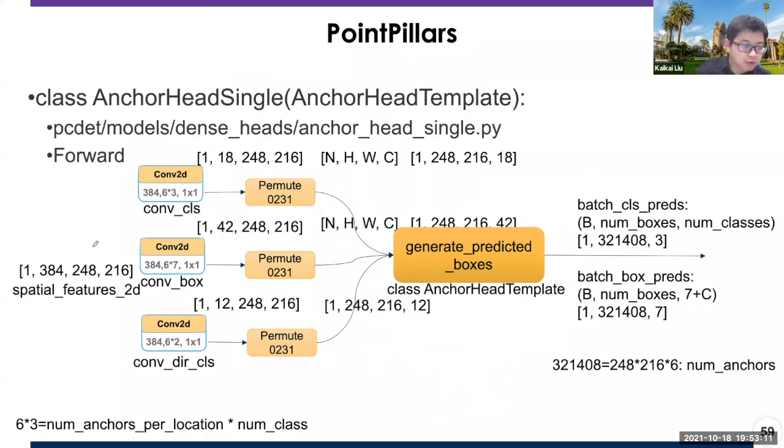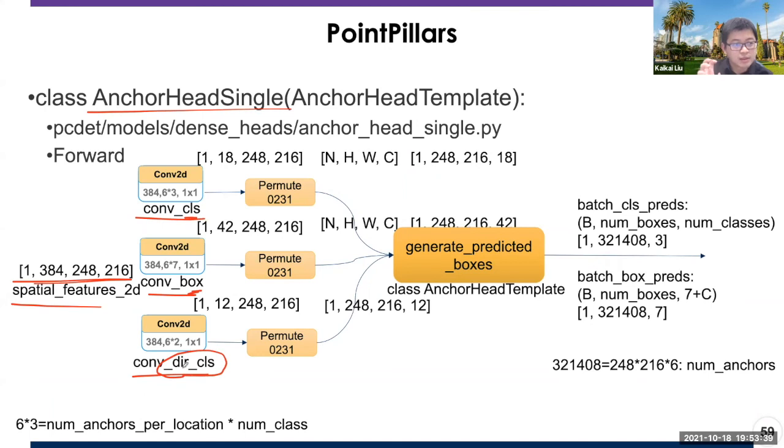The backbone's output is called the spatial feature 2D. Now we go to the last module, the anchor head single, which is the detector. It has three modules: a Conv2D for classification, a convolution for bounding boxes, and another convolution. What's this header?